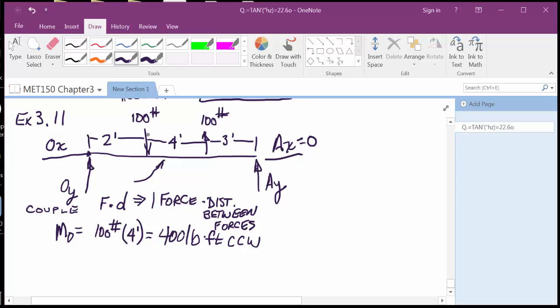So it has to win as far as the direction is concerned. That's what a couple does for you. So that's the only time you have to worry about how far it is from O or A. Now if we were going relative to A, it would still be counterclockwise, wouldn't it?